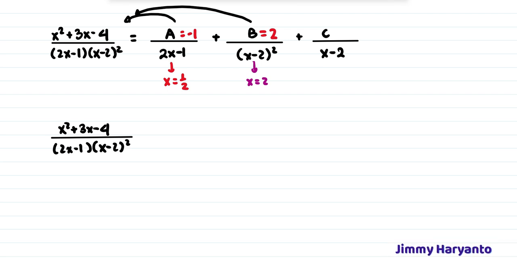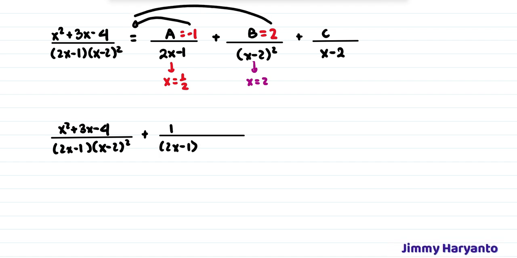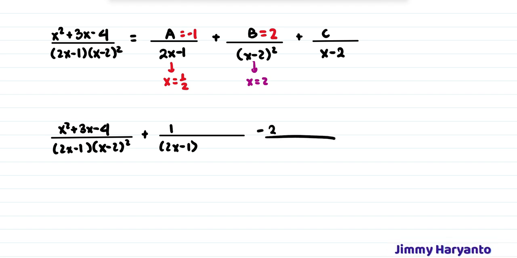When you move the a, which is negative 1, it will be plus 1 over 2x minus 1. You will write it like this. And when you move the 2, it will become negative 2 over x minus 2 squared equals c over x minus 2.